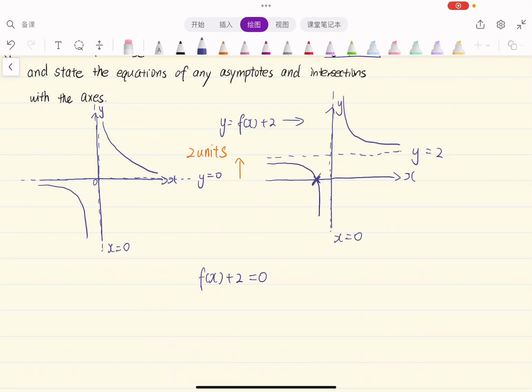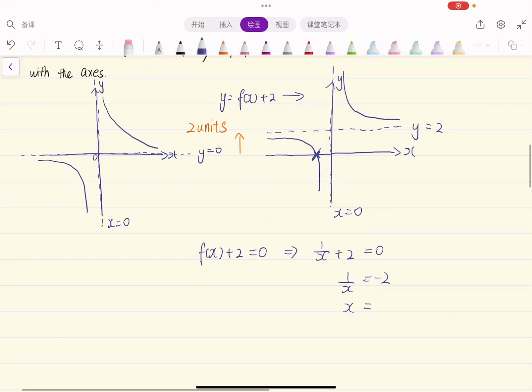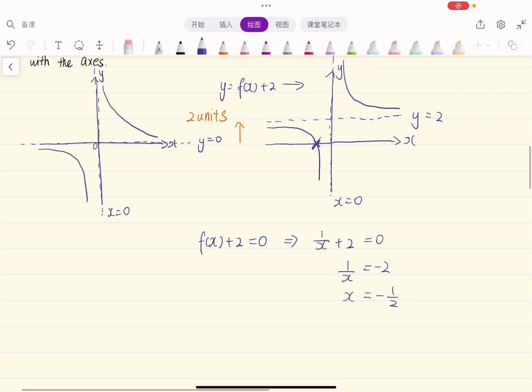You need to find the value of x, so 1 over x plus 2 equals 0, which means 1 over x equals minus 2, so x equals minus half. This implies that the curve intersects the x-axis at (minus half, 0).